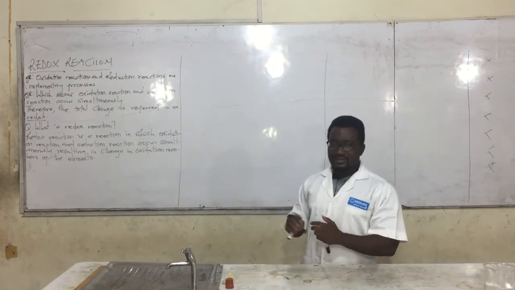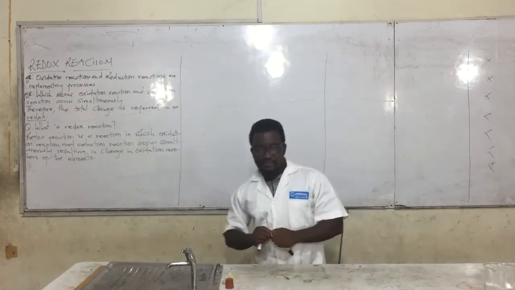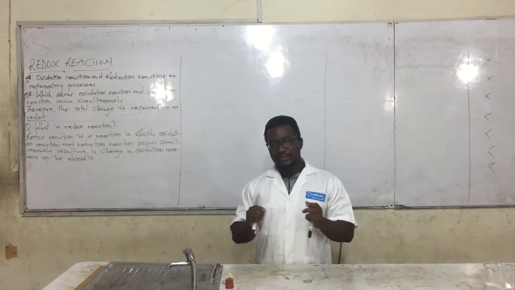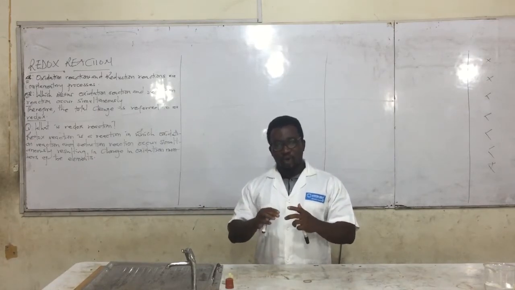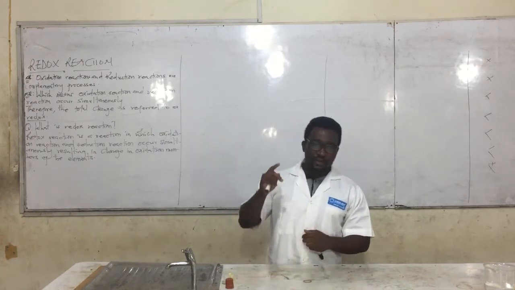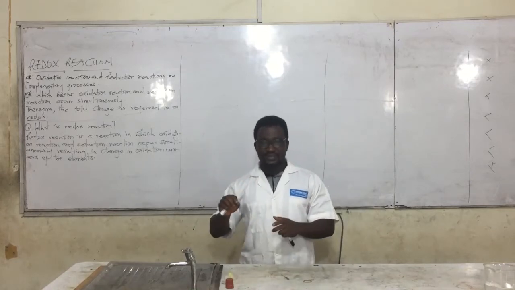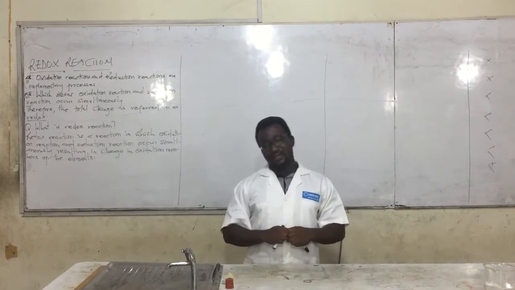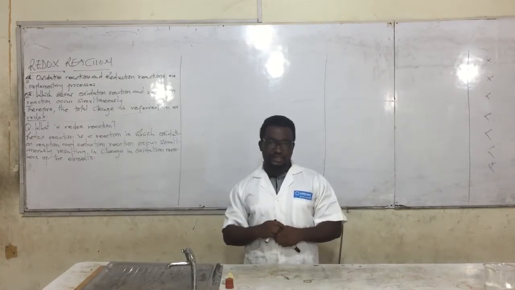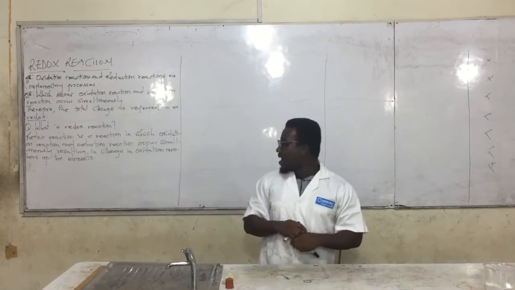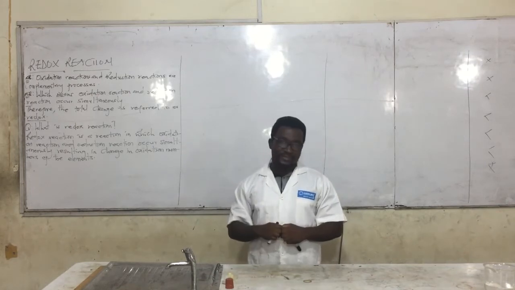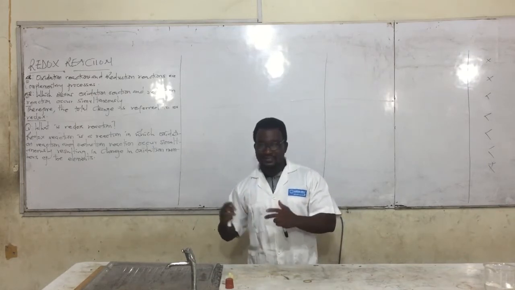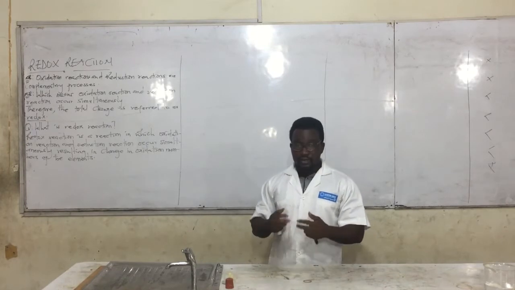Now, to understand this technical term, we are going to look at the processes in a very open manner. First, we are going to look at oxidation processes, and then reduction processes, and what happens under each, so that we're able to understand redox reaction best.